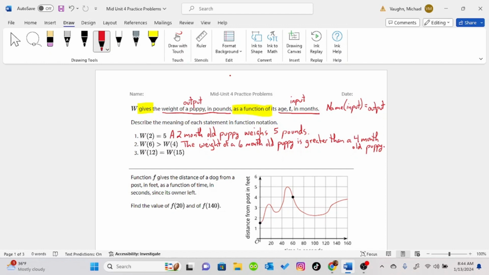So number 3 says the weight of a 12-month-old puppy equals the weight of a 15-month-old puppy.